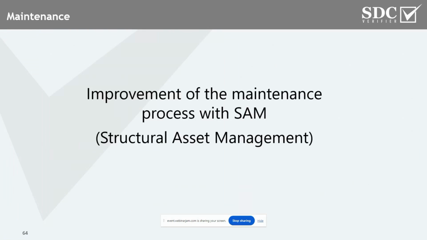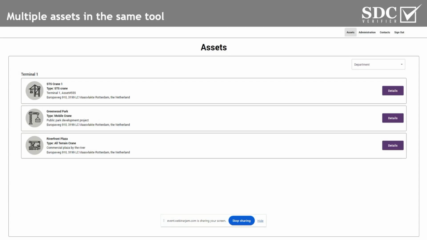This is a dedicated web-based tool that includes multiple assets in the same tool. So if you have a terminal and you have multiple types of structures, you have this collection of assets available in a single window, and you have full control of the details of every single asset.